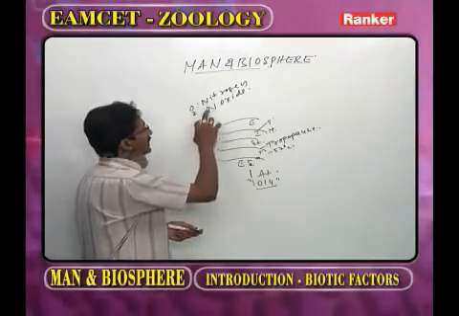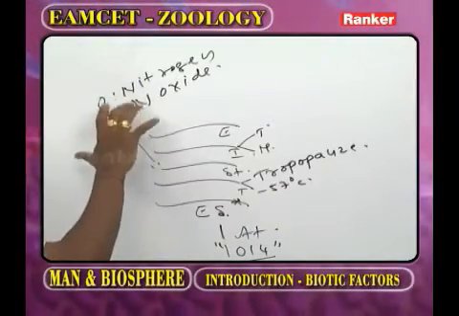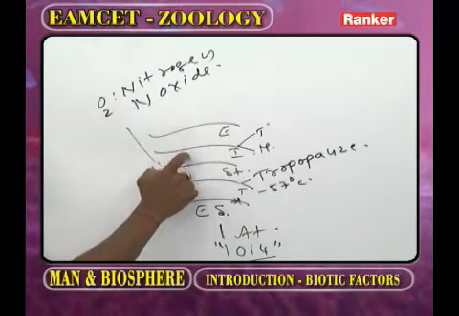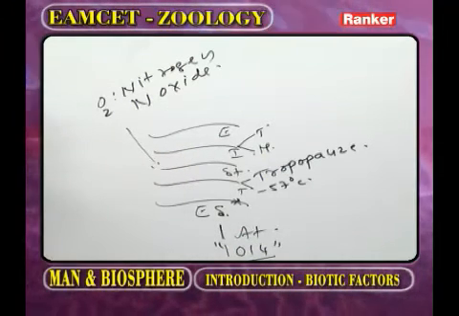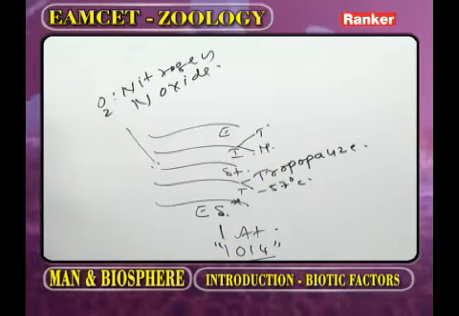Why are oxygen, nitrogen and nitric oxide in the ionic state in the ionosphere? Because of ionizing radiation.